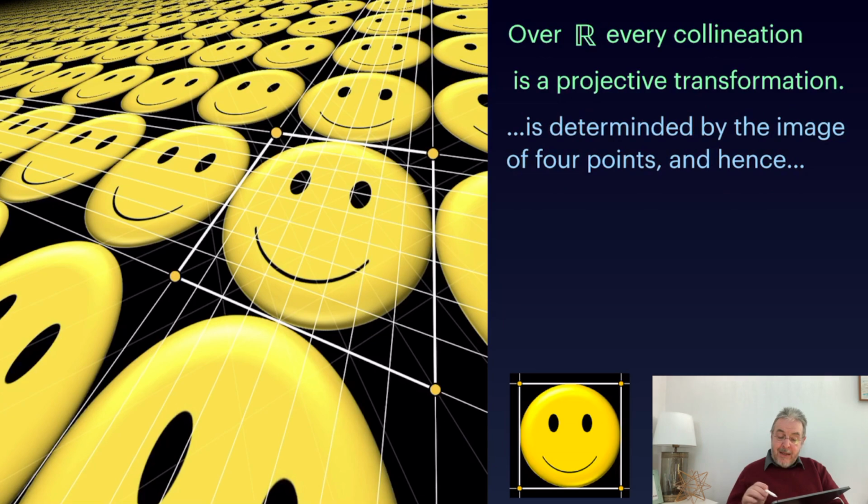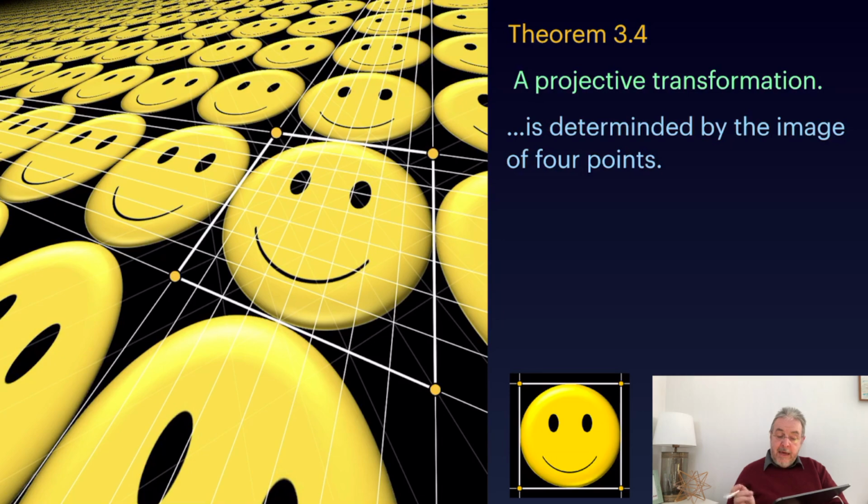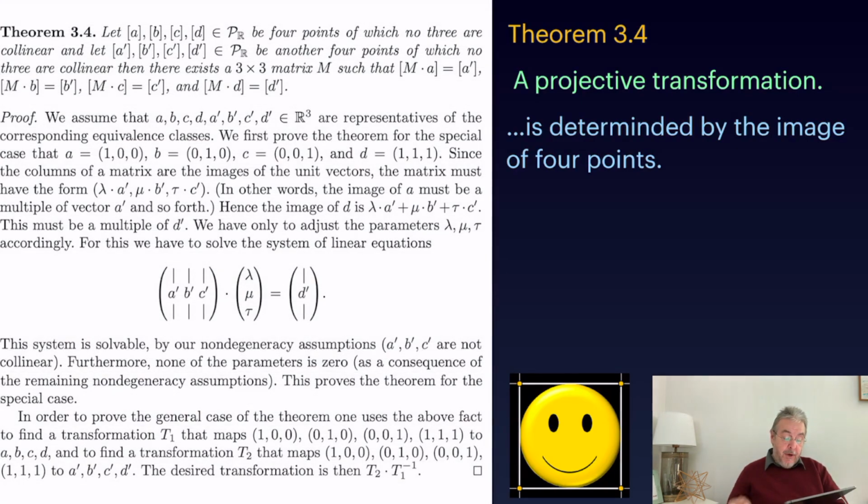The point that the projective transformation is determined already by the image of 4 points is something that holds in general in our book. It is theorem 3.4, and I just want to quote literally from the book. So here you see the proof written in the book, and I just want to show you the ingredients of that proof.